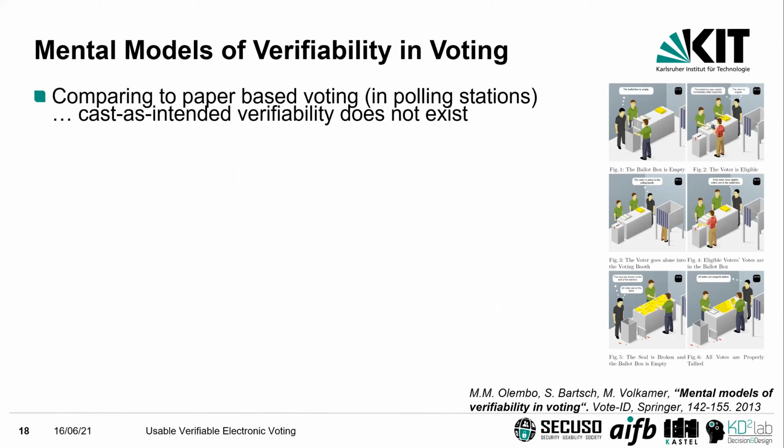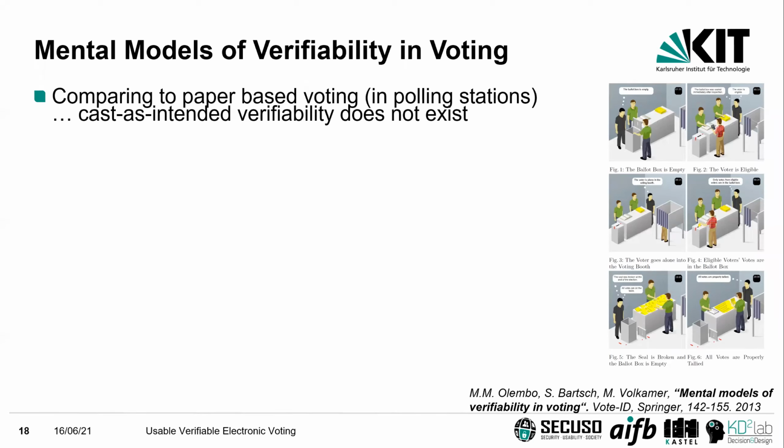paper-based elections to see what type of verifiability exists there. On the one hand, if you look at these pictures, this would be someone, the one wearing the black clothes, verifying or observing the election in Germany.